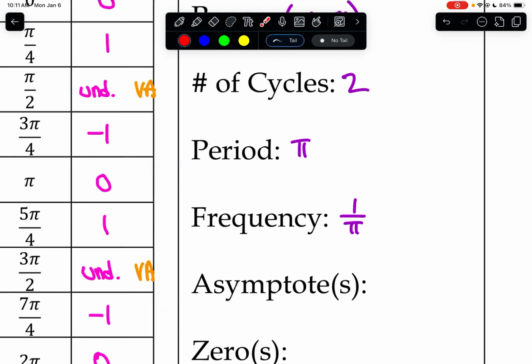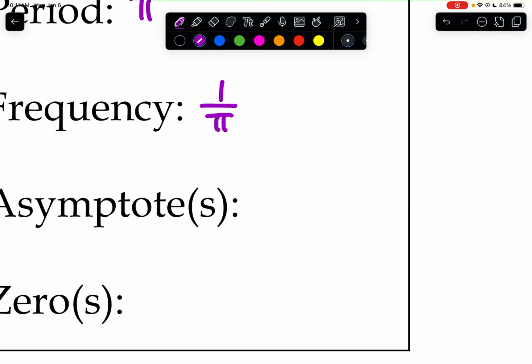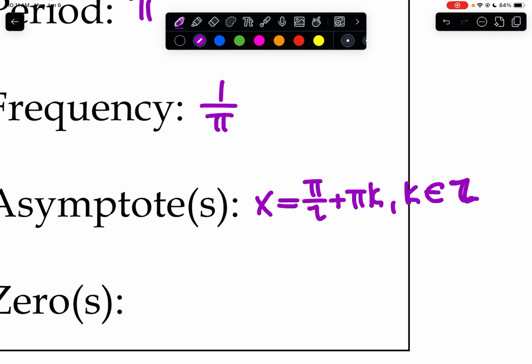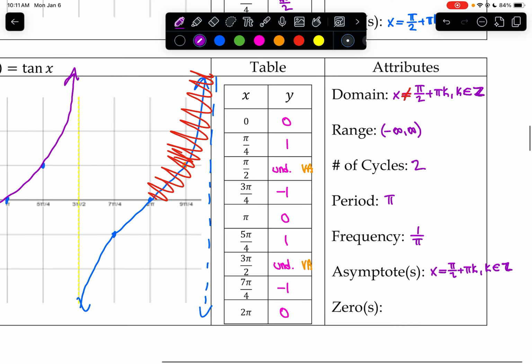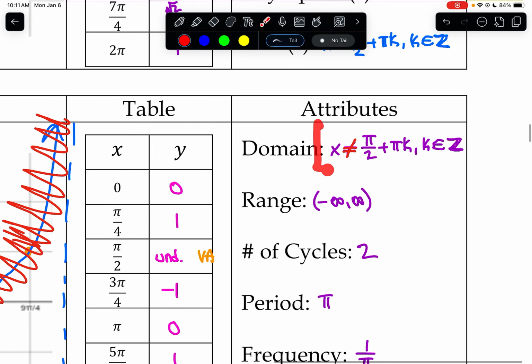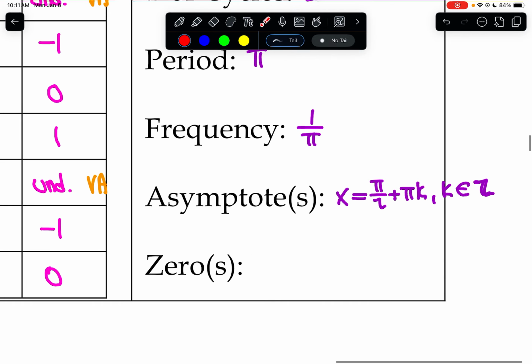The only difference is now it's going to equal pi over 2 plus pi k, where k is an element of the integers. So up here for the domain, we're saying what it can't be equal to. Now all the asymptotes are pretty much saying those are the values that we are excluding.